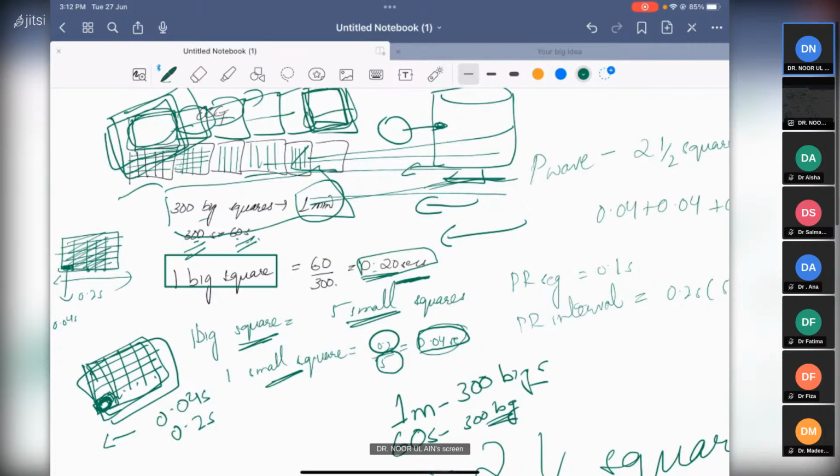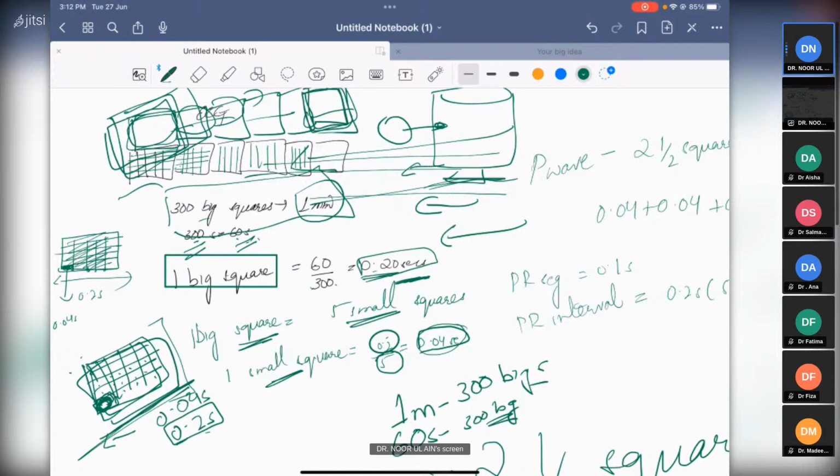Now every big box also, remember, has 5 small boxes. If you see the ECG strip, you'll see that there are bigger boxes and smaller boxes. Every one big box has 5 small boxes. I told you one big box is equivalent to 0.2 seconds. So how much would be one small box?